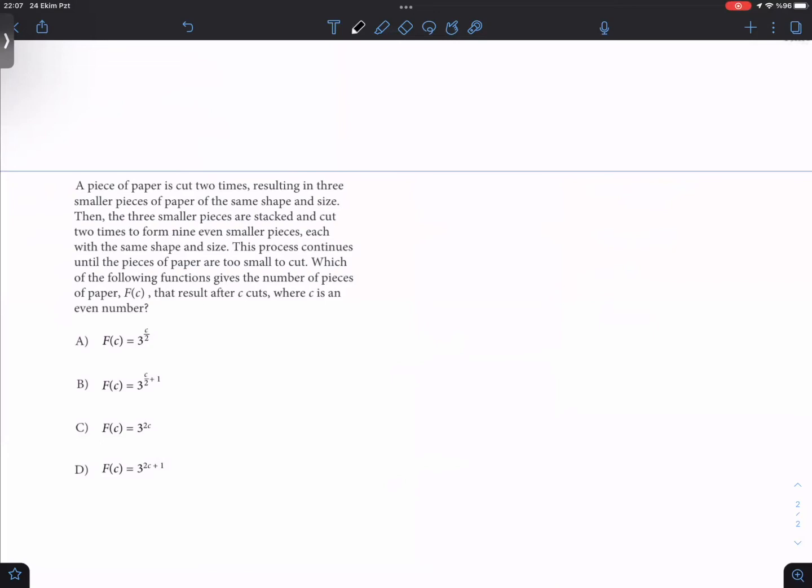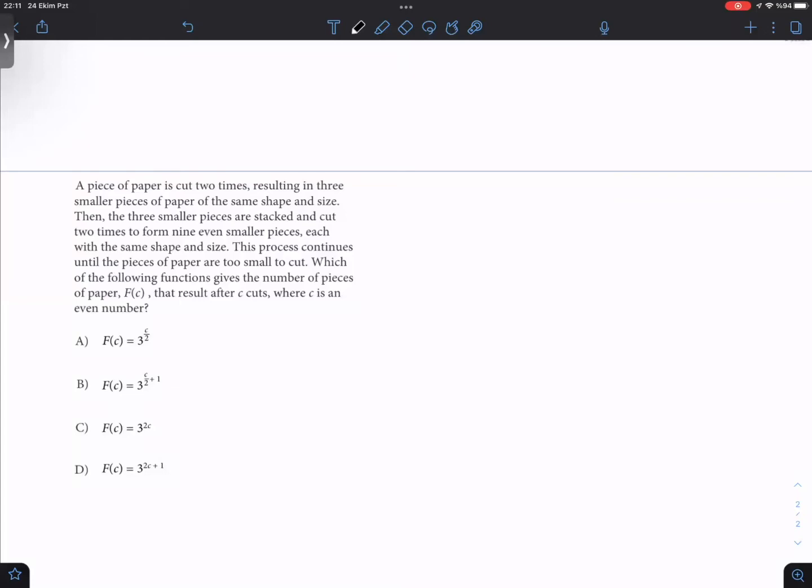Then, the 3 smaller pieces are stacked and cut 2 times to form 9 even smaller pieces, each with the same shape and size. This process continues until the pieces of paper are too small to cut. Which of the following functions gives the number of pieces of paper f of c that result after c cuts, where c is an even number?